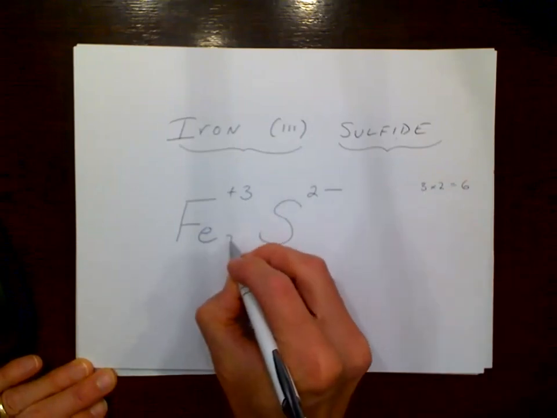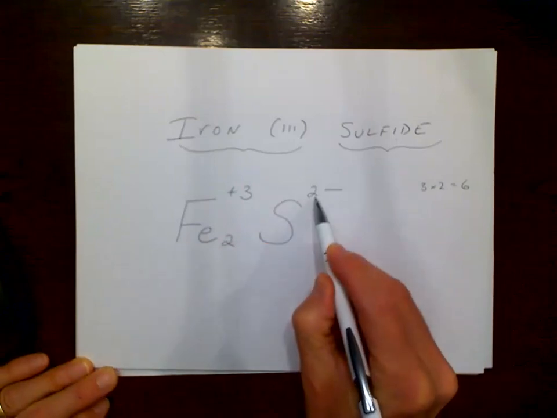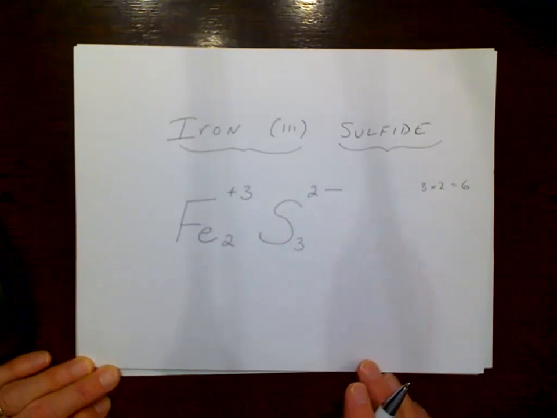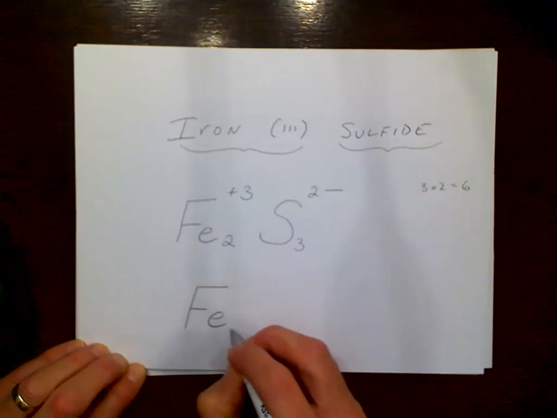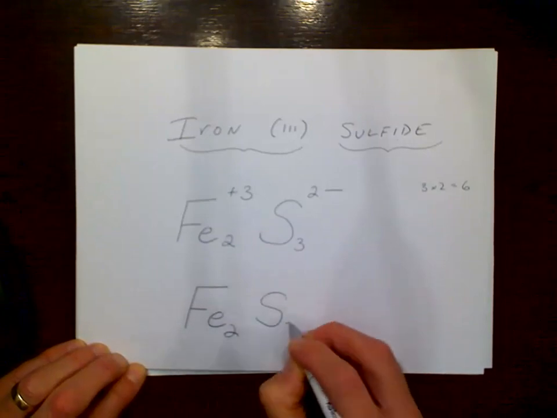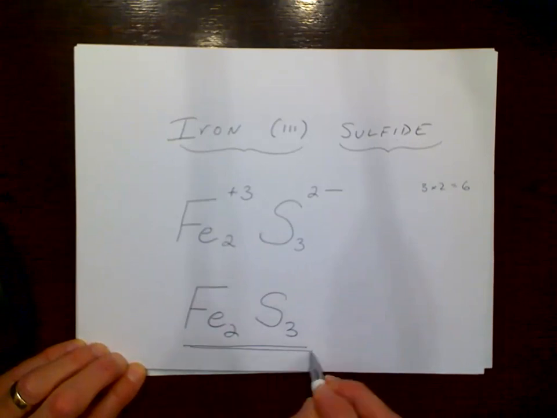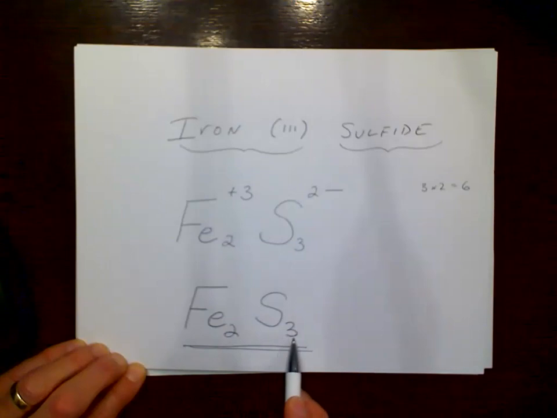So I put a little subscript here. And to get this to equal a negative 6, I'm going to need to multiply it by 3, so I put a little subscript 3 here. And the formula, therefore, for iron 3 sulfide would be Fe2S3. In this compound, therefore, for every 2 iron ions, iron 3 ions specifically, there's going to be 3 sulfide ions.